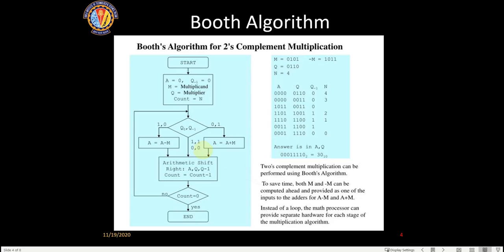If both are 1 or both are 0, you just do an arithmetic shift. Remember, this is arithmetic. You shift it to the right. If it is 0 1, then you add: A equals A plus M. If it is 1 0, you do A equals A minus M. And then you have a counter, so it will keep repeating these things.